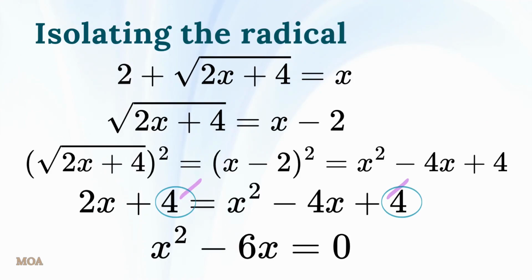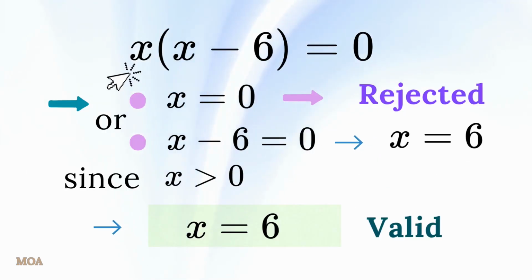Canceling positive 4 from both sides of the equation, we get x squared minus 6x equals 0. Then, factoring out x, this leads to x times the quantity x minus 6 equals 0.